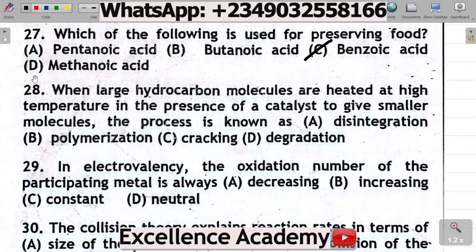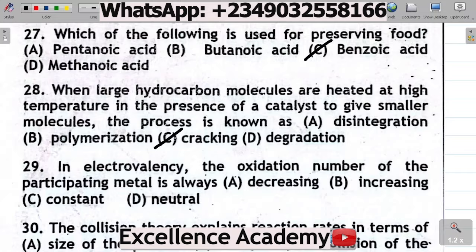Next up, question 28. 28 says, when large hydrocarbon molecules are heated at high temperature in the presence of a catalyst to give smaller molecules, the process is known as A, disintegration, B, polymerization, C, cracking, D, degradation. For this question there, the correct answer is C, cracking.